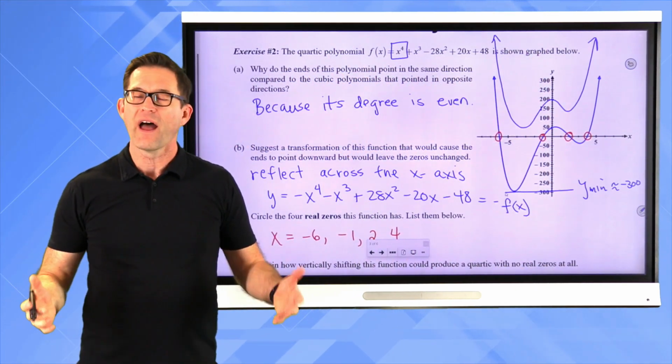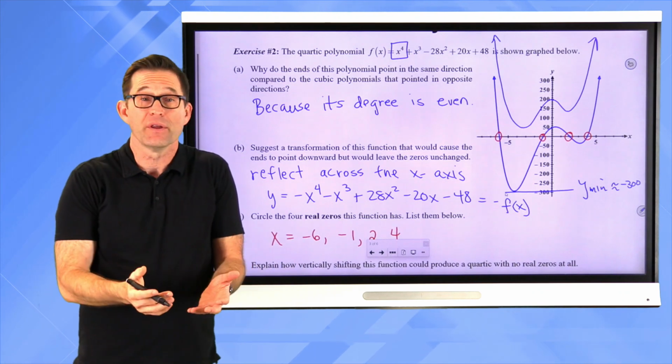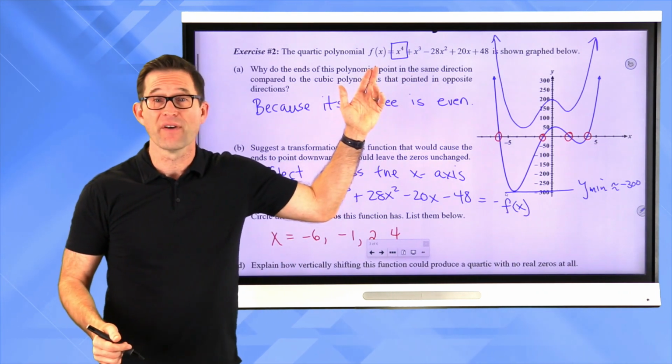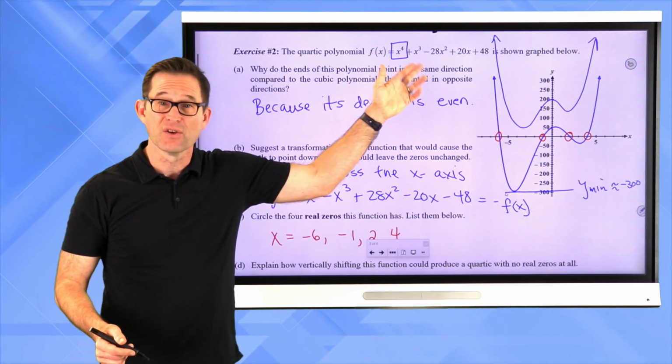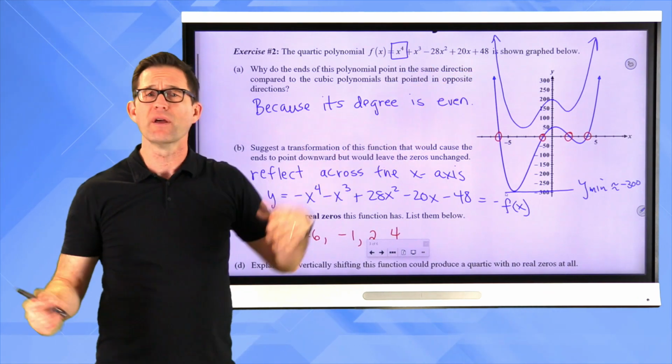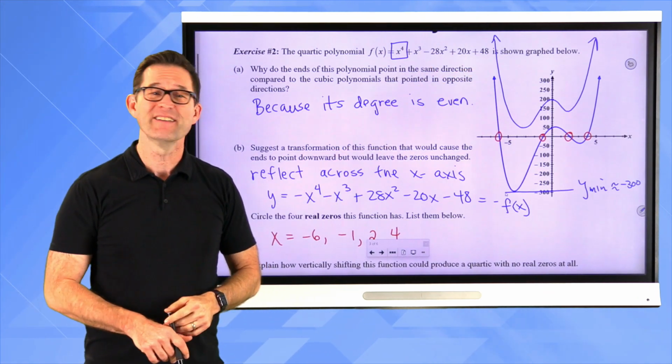And you would now have no real zeros, but you'd still have a quartic, so you'd have x to the 4th plus x cubed minus 28x squared plus 20x plus, let's say, 348.